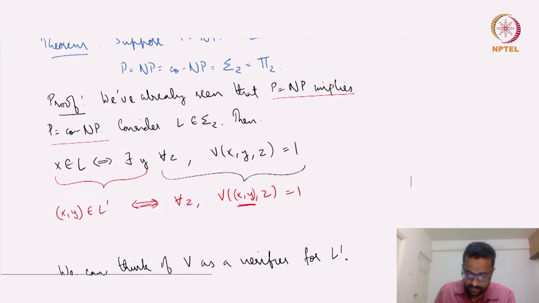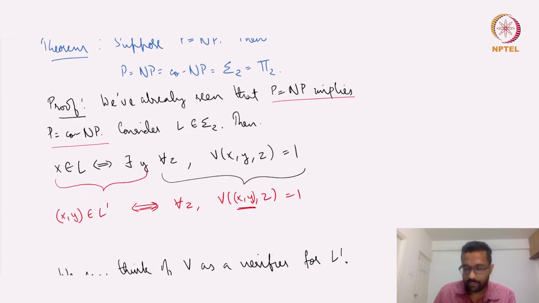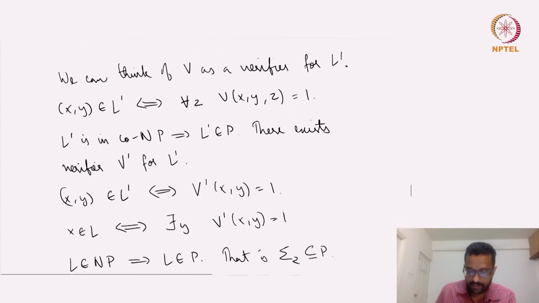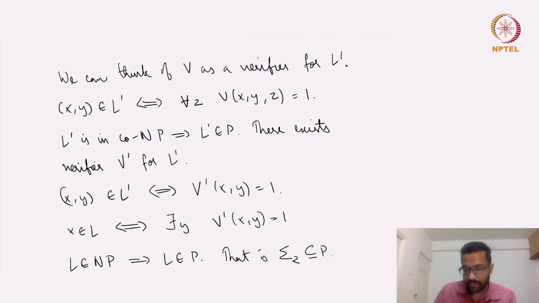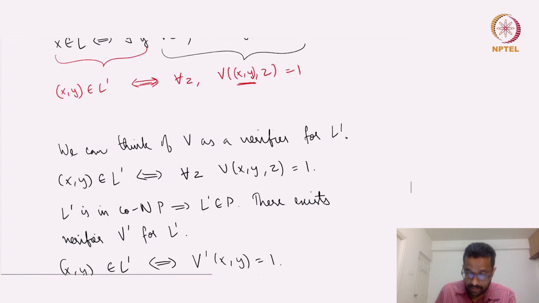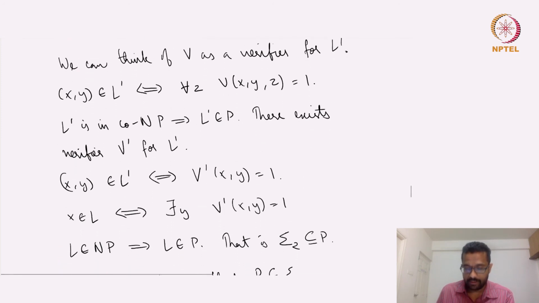By assumption, we have already assumed that P equal to NP implies P equal to co-NP, which means L prime is in co-NP means L prime is in P, which means that for L prime there is a polynomial time deterministic decider.